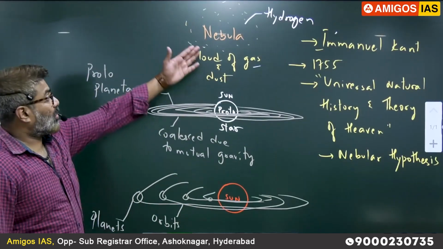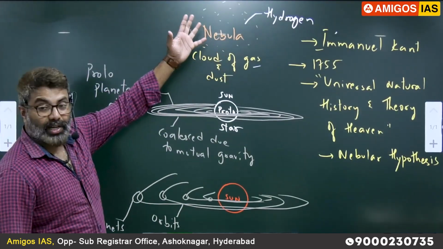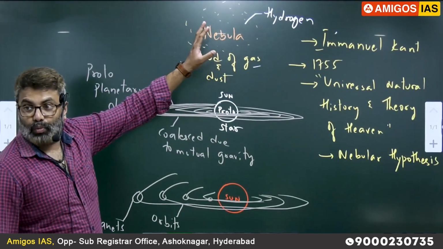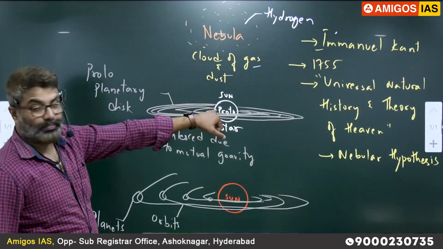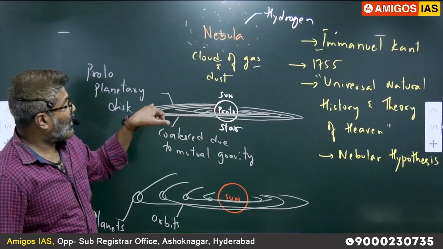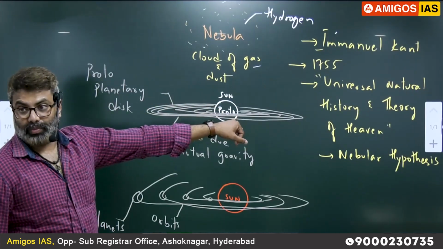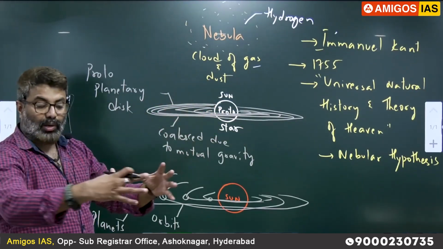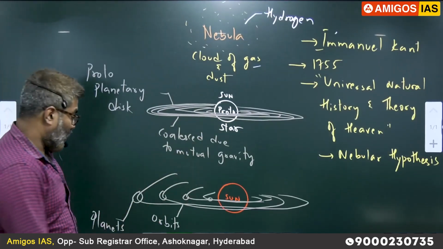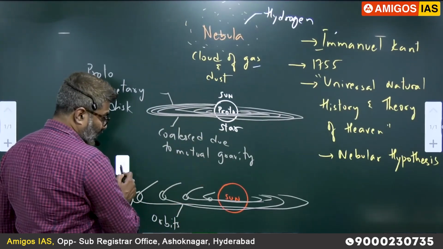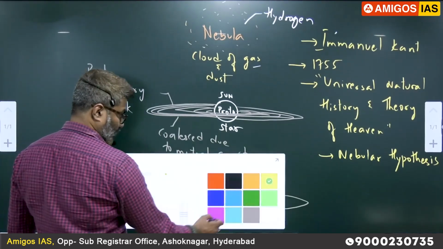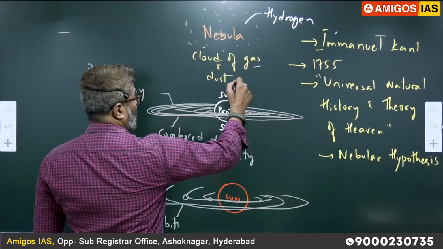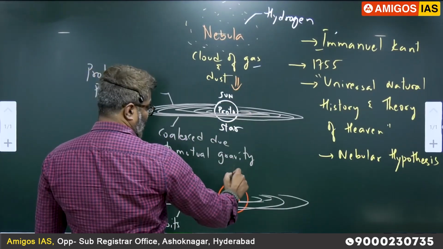Initially everything was in the form of nebula, which contained gas and dust. The most abundant gas is hydrogen, which clumped to form a star. Slowly, all the other dust rings were formed. So all the dust and rocks clumped to form planets. Okay, so just write like this so that we'll get an idea. From here, then this.